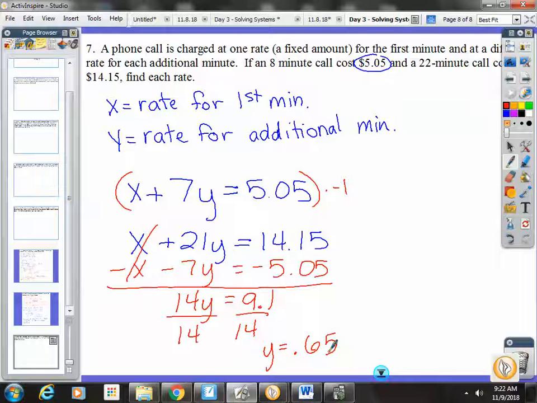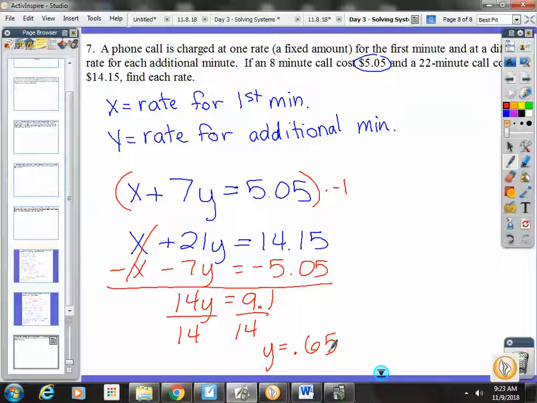The first minute we're going to pay X. But for the additional minutes, those 21 extra minutes, we're going to pay Y. Haley, does that answer your question? Is everybody okay with this being a decimal? We're talking about money, so it's okay to have a decimal. 65 cents, does that seem reasonable? For every additional minute, they're going to charge you 65 cents? Seems kind of steep, but I think it's reasonable, right?